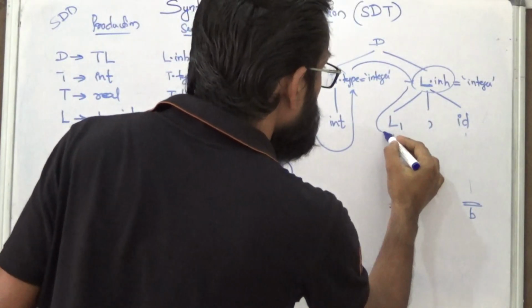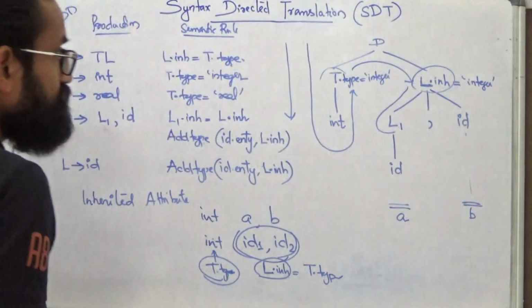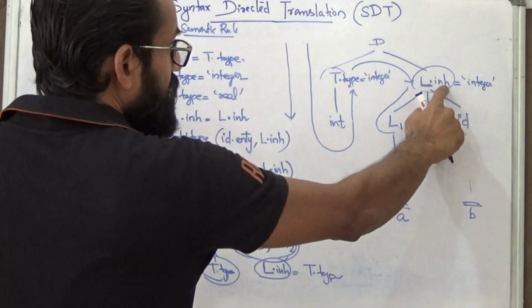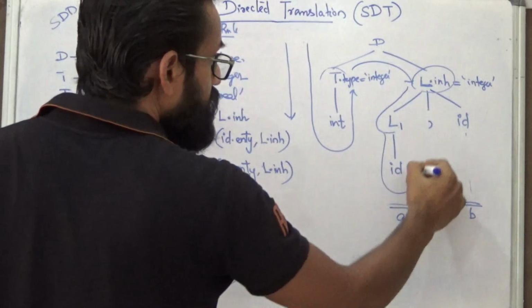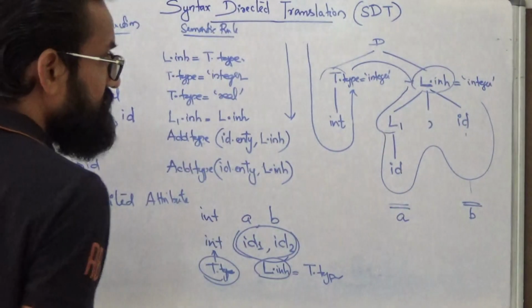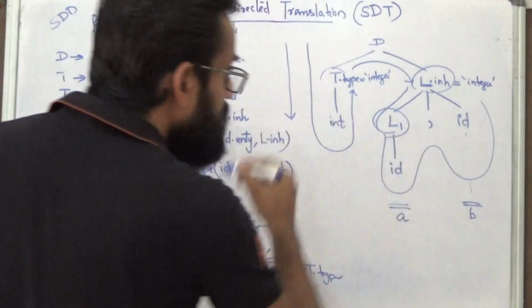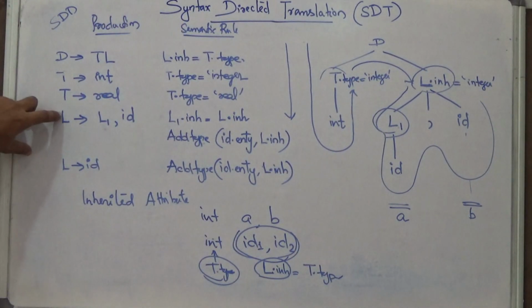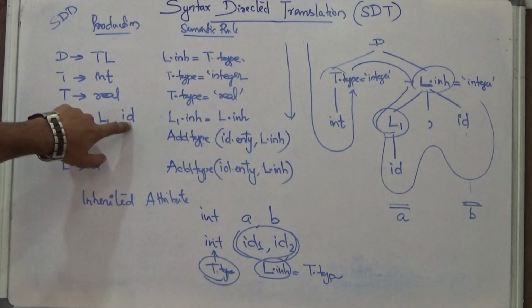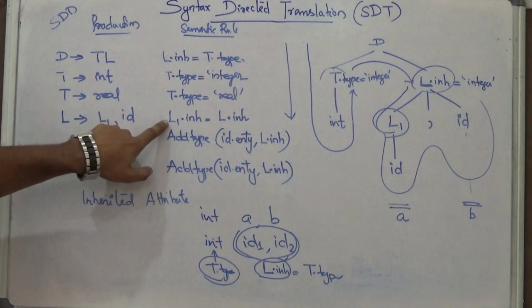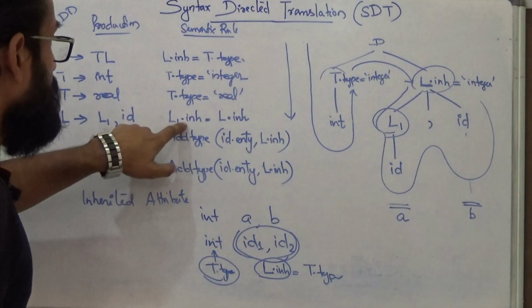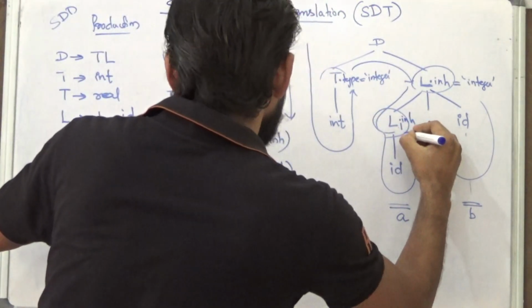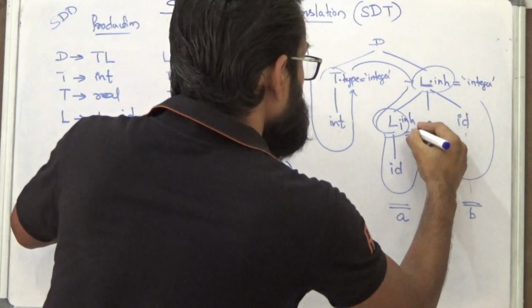Now it will go to this point. Whenever it reaches this point, you have L.inh. When you move across this tree structure, what about the attribute value? You have L giving L1 comma id. L1.inh will be equal to L.inh, that is integer.